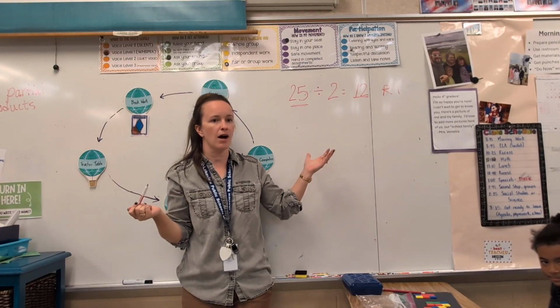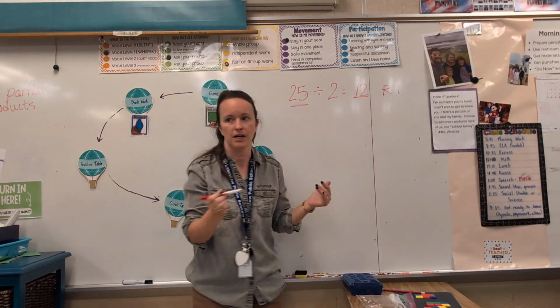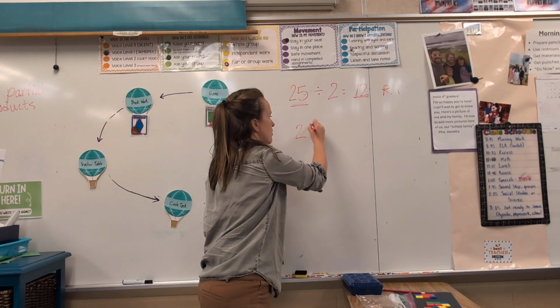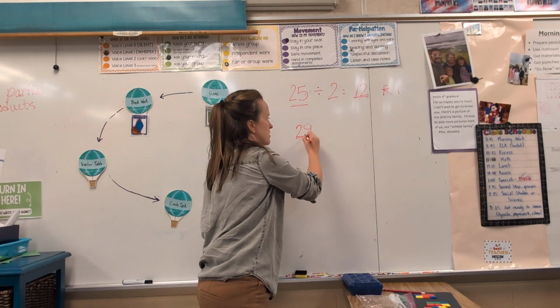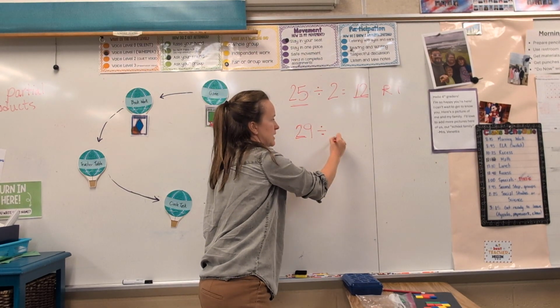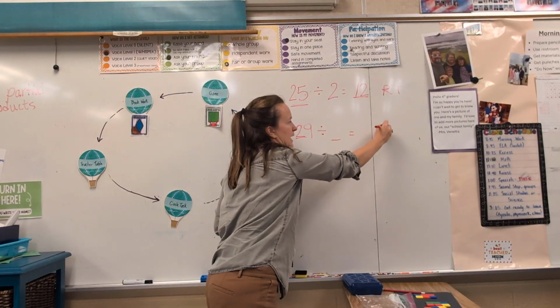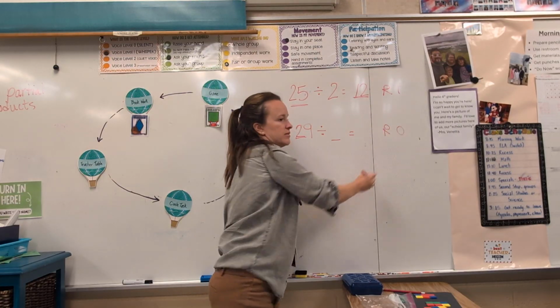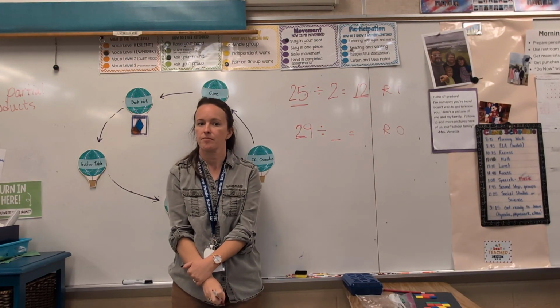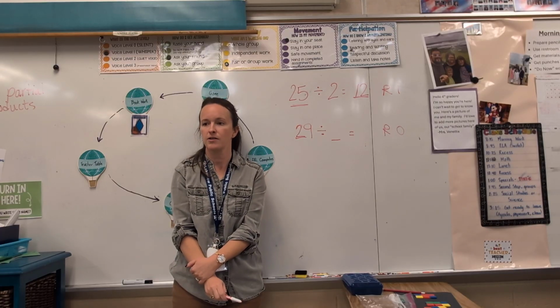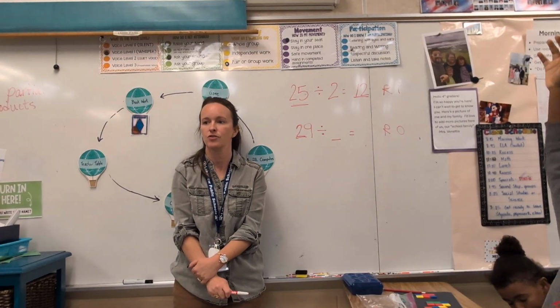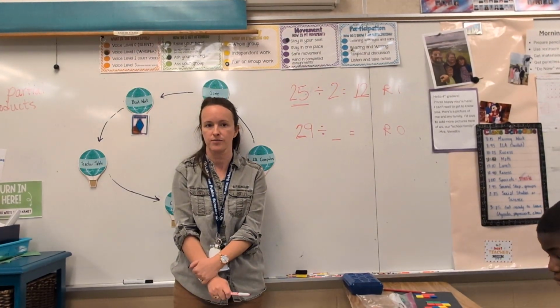What if I have our amount? We have 29 in our class. Is there a way that we could split 29 into groups and get nothing left? We're going to pause here and take 29 tiles and see if you can make it into equal groups.